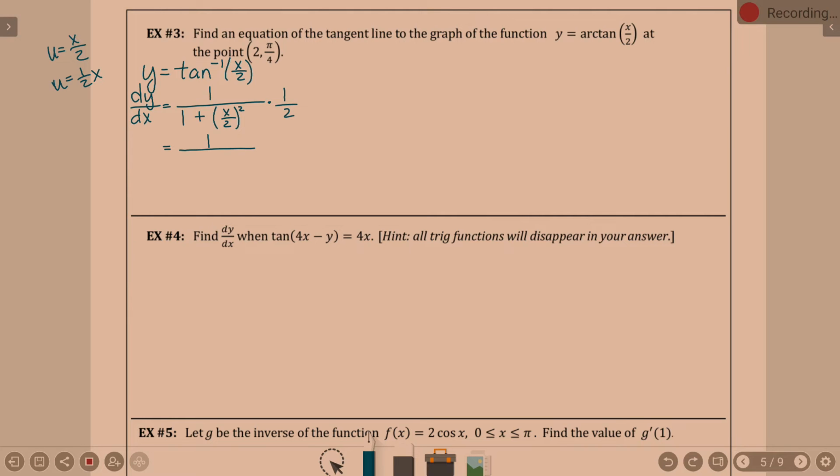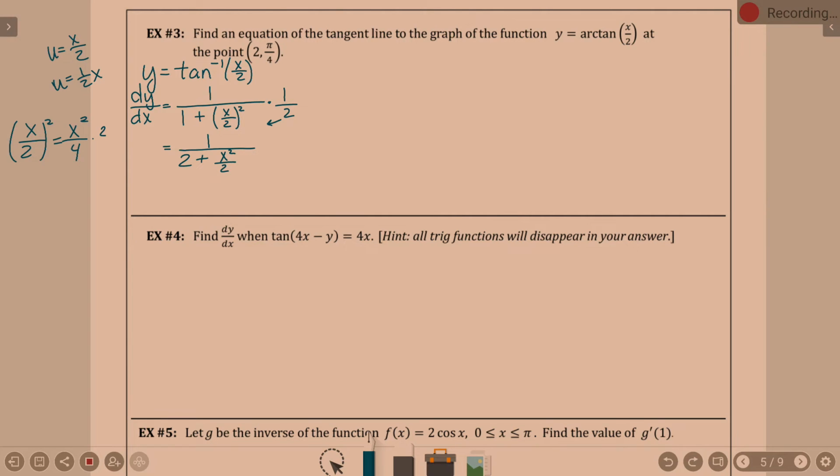If we take this 2 and distribute, 2 times 1 is 2 plus, now, side note because I know we need it, what is x over 2 quantity squared? It's x squared over 4. And then when we multiply that by 2, x squared over 2. Fair enough?